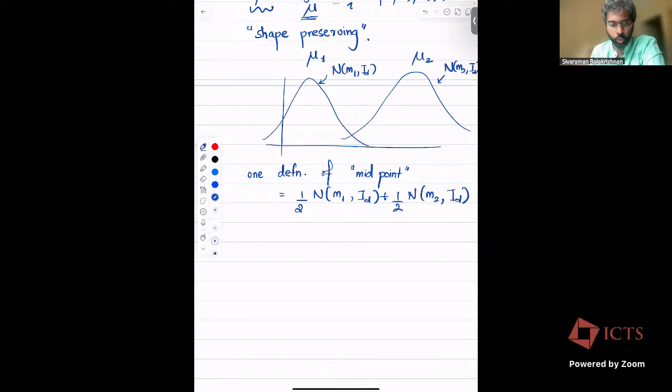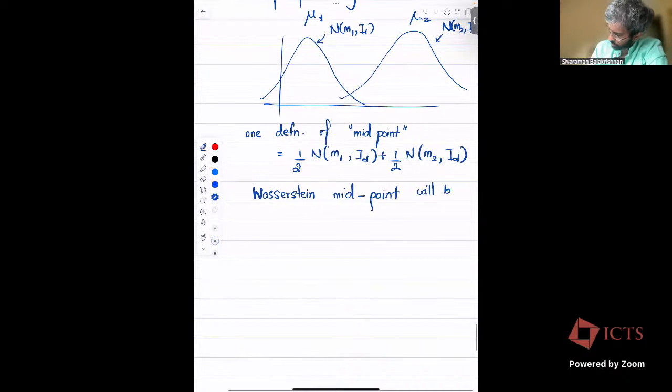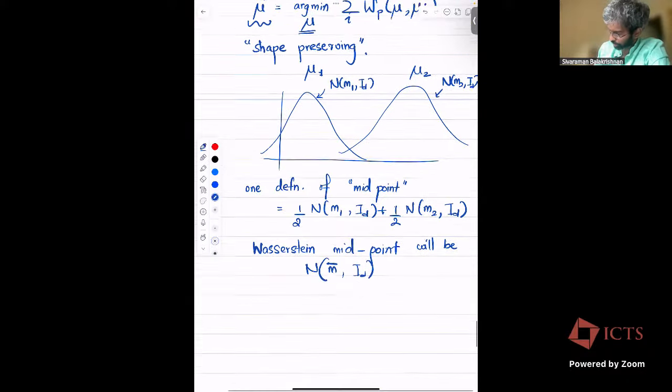This is not the Wasserstein midpoint. On the other hand, the Wasserstein midpoint will turn out to be a Gaussian somewhere in the middle. It will also be a normal with some mean, I guess in this case, it might actually be right in the middle.